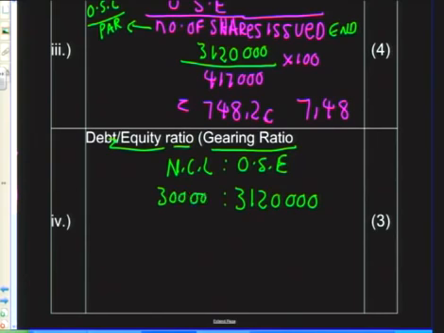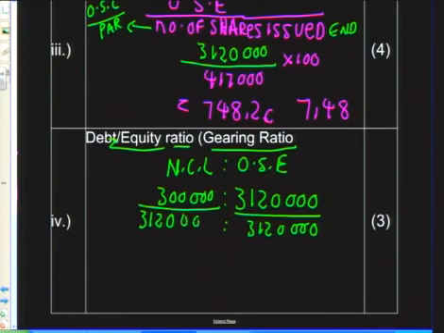And again, guys, whenever you're doing ratio analysis, remember, you want the right-hand side to equal 1. So I'm going to divide again by 312,000. And then whatever I do on the right-hand side, I obviously do on the left-hand side as well, 3,120,000. And we're now ready to work out what is that debt equity ratio.